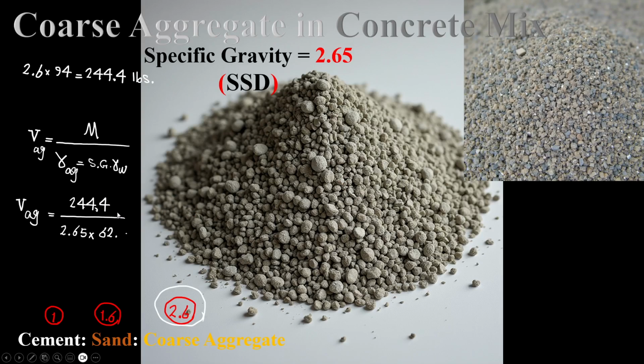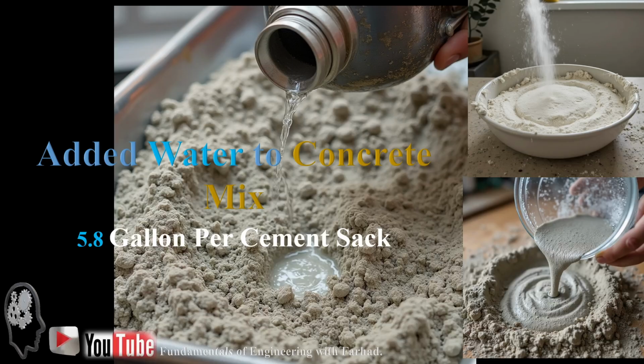That's again 244.4 over the specific gravity of our aggregate times 62.4, and SSD stands for saturated surface dry, which is the condition of the material used in the concrete mix. So we use the same condition. V aggregate, the volume of aggregate, is 1.48 cubic feet.